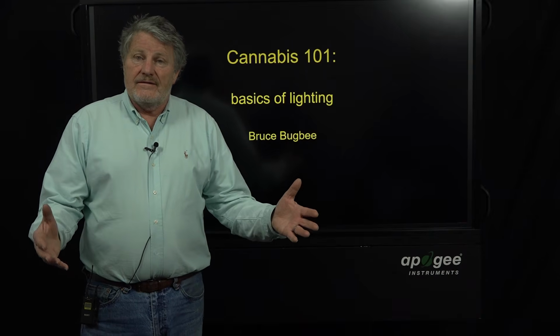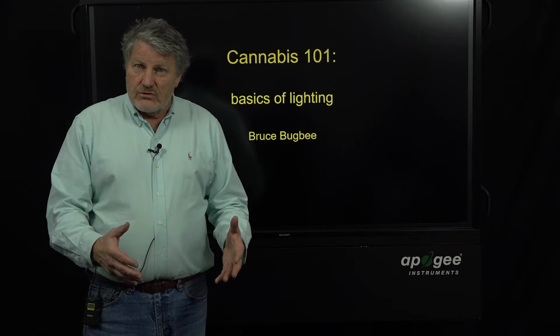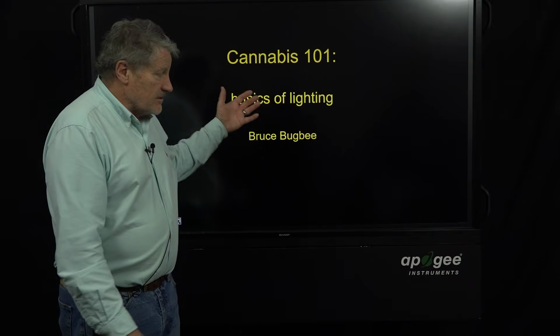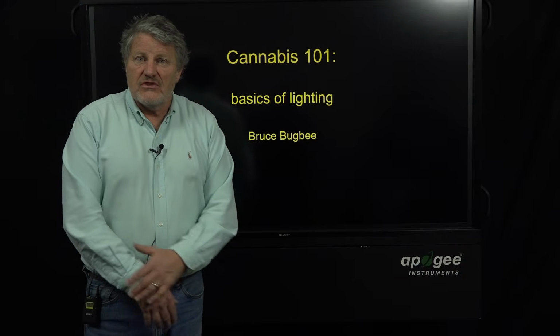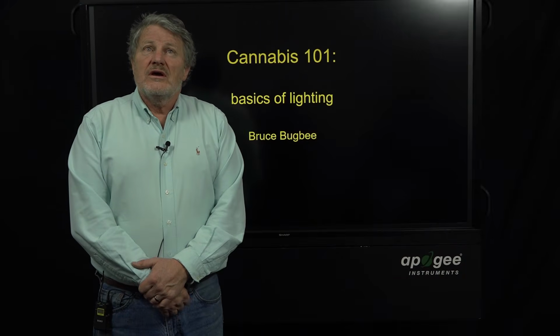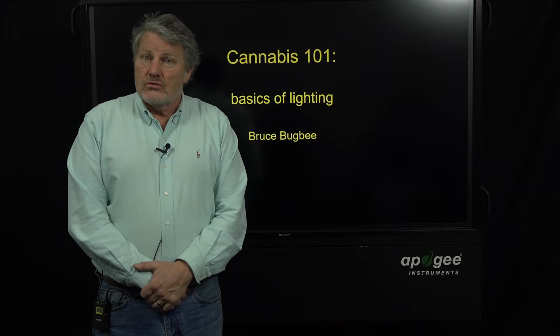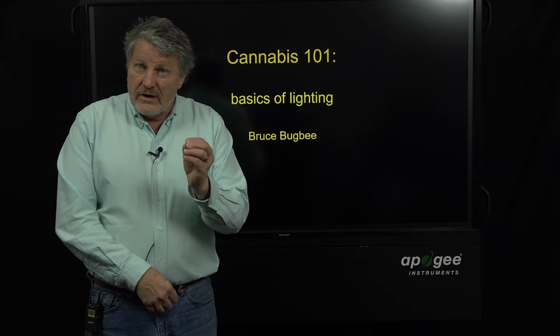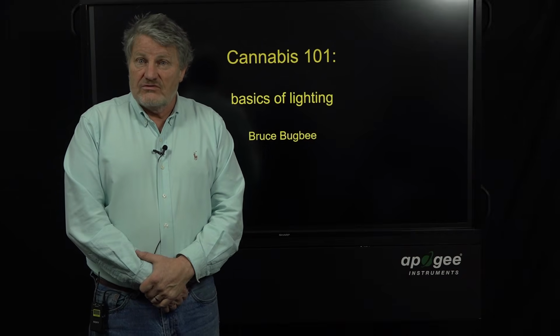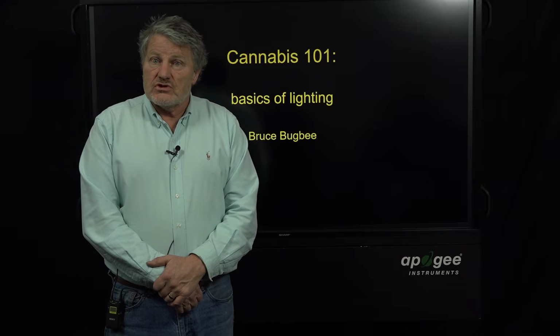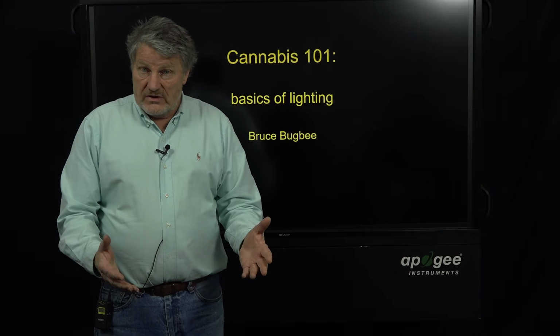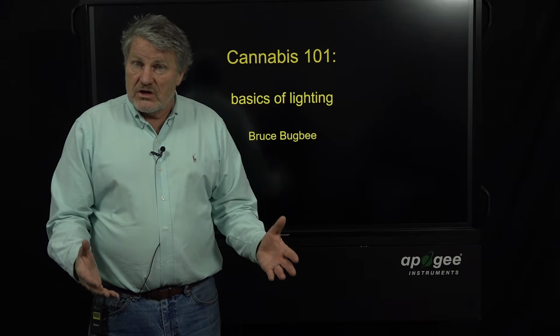Apogee has spent decades refining instruments to quantify light, the types of light, the intensities of light. In my experience, those instruments are underutilized to help refine the cultivation of cannabis. And part of it is just because people don't know how to interpret the data and how to make the measurements.